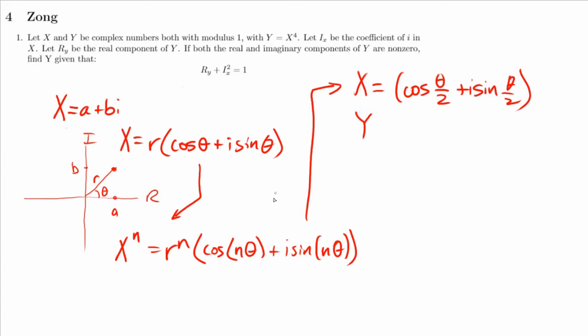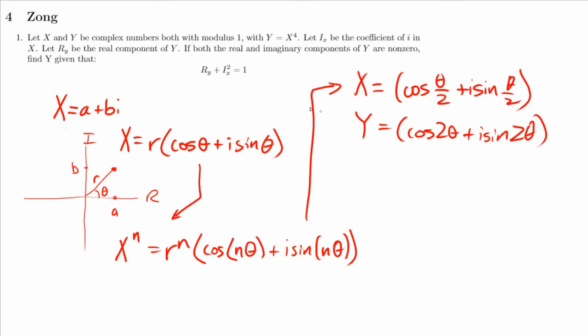And y, if we use de Moivre's theorem, we just plug in, 1 to the 4 is 1, so it's going to equal cosine 2 theta, since you multiply this by 4, plus i sine 2 theta. And you can see why I use theta over 2. It's because I don't want to deal with the 4 theta. And I know my formula for theta over 2 and cosine 2 theta, so it all works out.